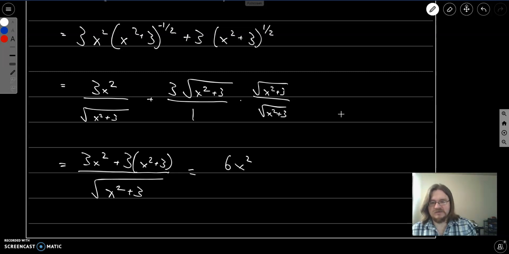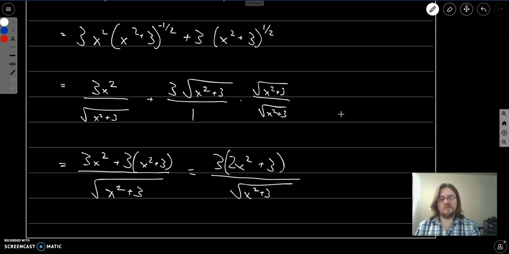And then the 3 times the 3, well, that'll be 9. But rather, let me pull out a 3 out front. So it's going to be 3 times 2x squared plus 3, all over the square root of x squared plus 3. And I believe that this would be as simple as possible to write this down.